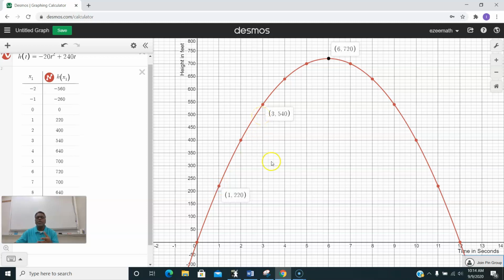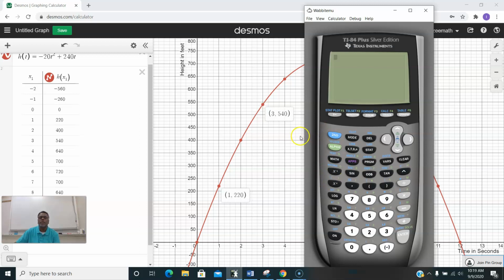So, how do you do that? In order to find the rate of change, you have to find the difference in y coordinates over the difference in x coordinates. This is the difference in the height at 3 seconds and the height at 1 second, right? So, let me use the calculator here. What is the difference in y coordinates?